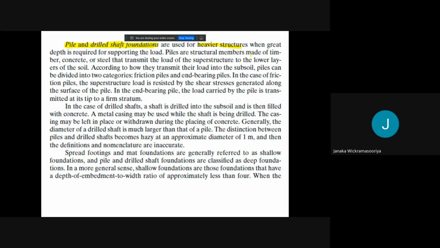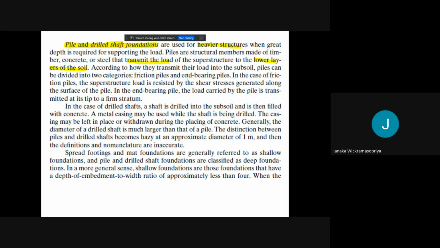Piles are structural members made of timber, concrete, or steel that transmit the load of the superstructure to the lower layers of the soil.